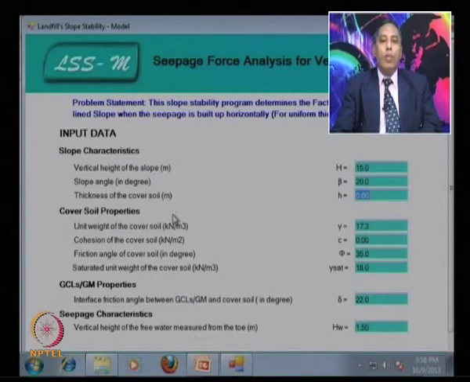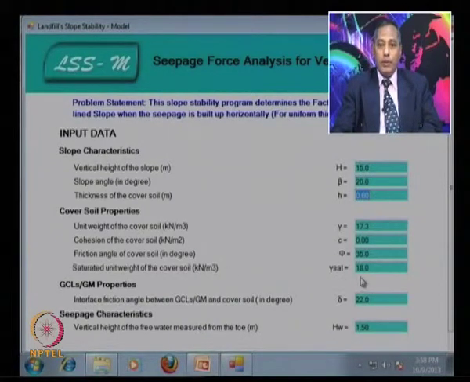Cover soil property, that is unit weight of the cover soil 17.3 kilonewton per meter cube, cohesion value is equal to 0, and phi value is equal to 35 degree, and also the saturated unit weight of the cover soil, because we are considering the seepage.